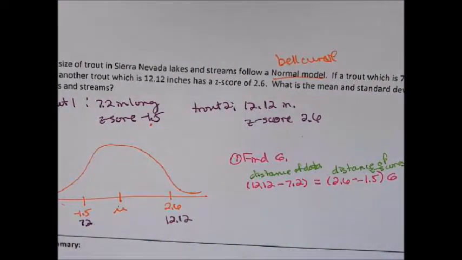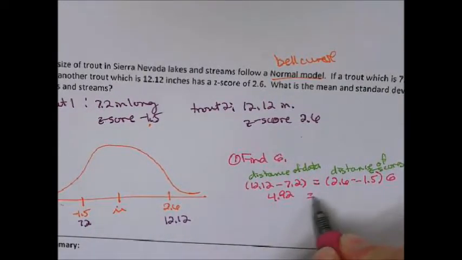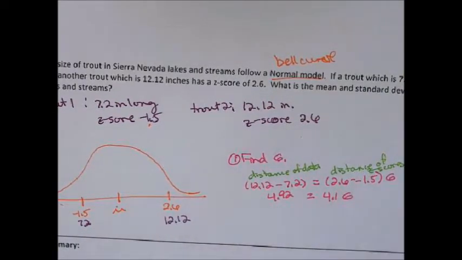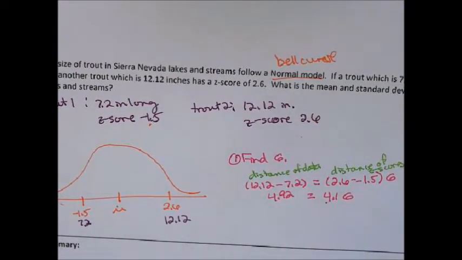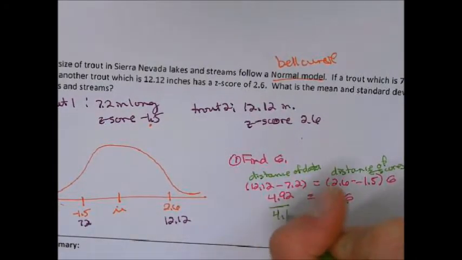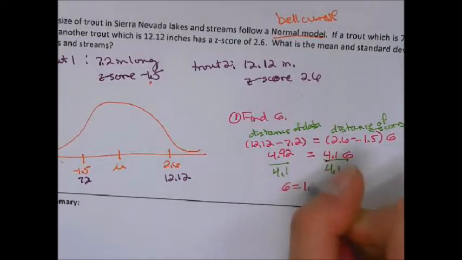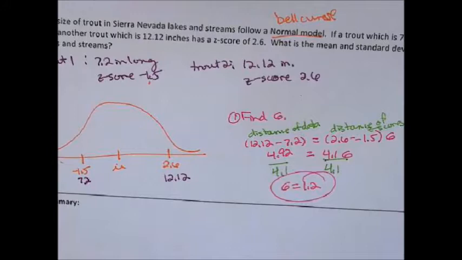This is 4.92 equals 4.1 sigma. We're going to divide by 4.1. And I get sigma equals 1.2. That's my standard deviation.